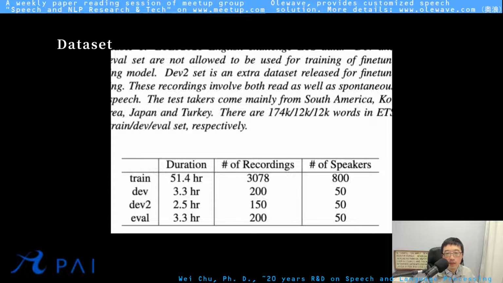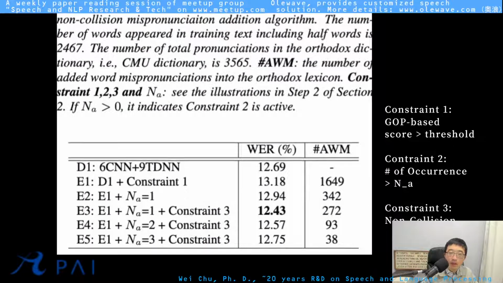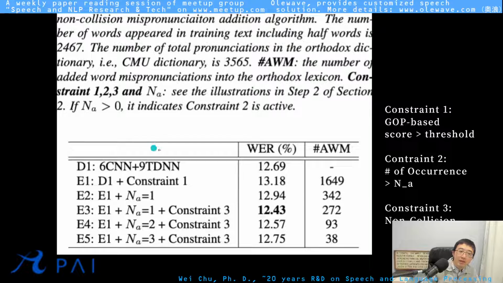Here are the training set, test set, and dev set. It's all accented database. And here you can see some ablation studies. So D1 is the baseline. You got 12.7, okay?